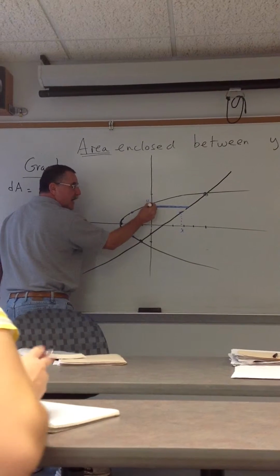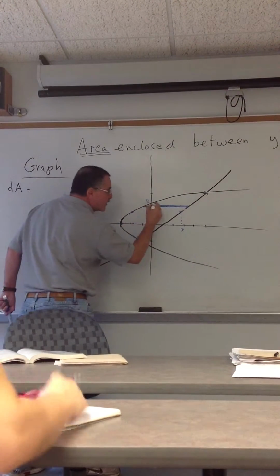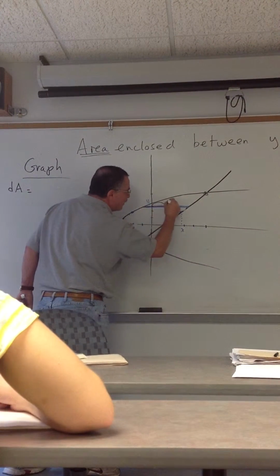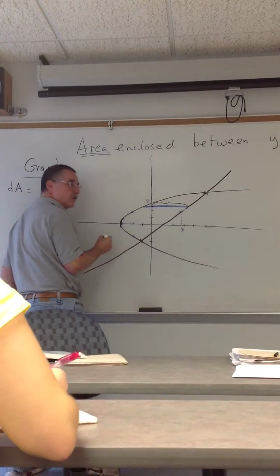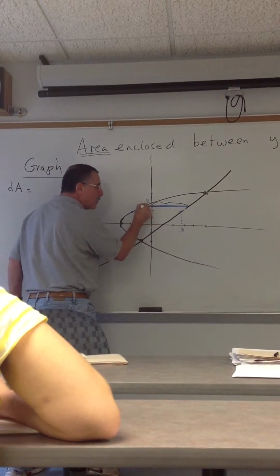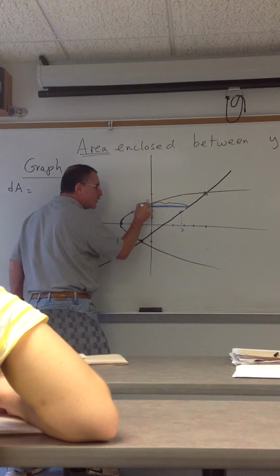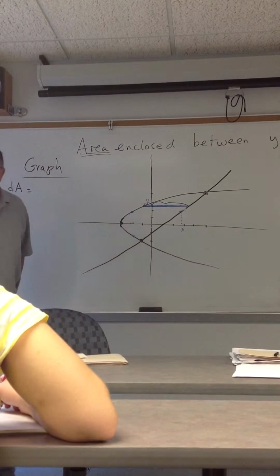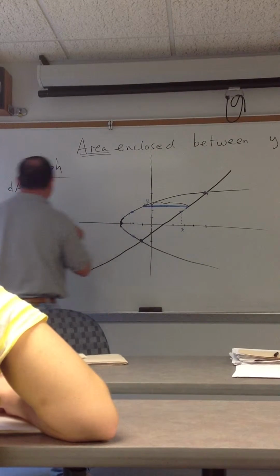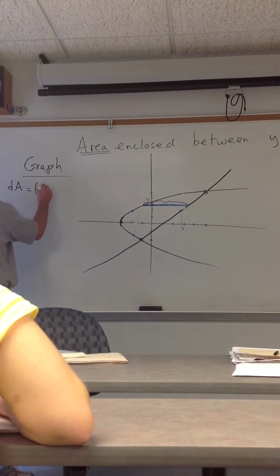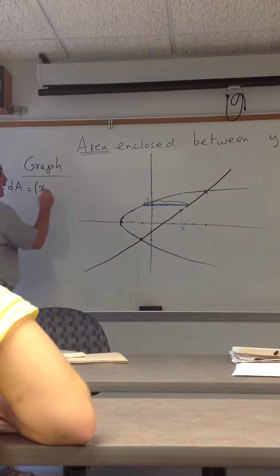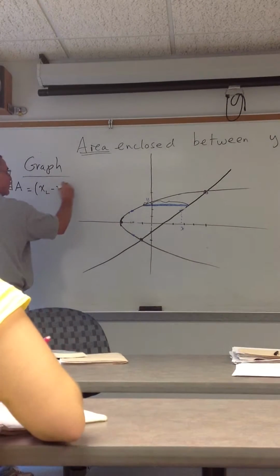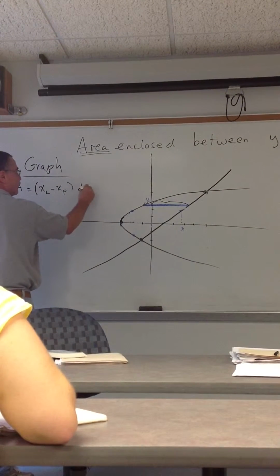The length, for this value of y, is the x coordinate on the line minus the x coordinate of a point on the parabola. You with me, guys? So we write it that way: the x coordinate of that point on the line minus the x coordinate of the point on the parabola, and you multiply that by the width dy.